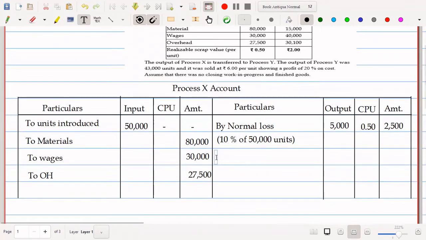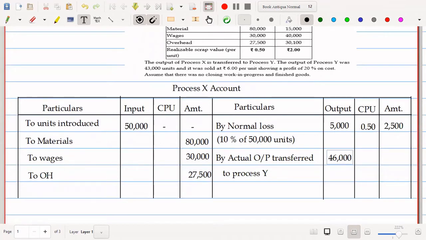By actual output transferred to process Y, 46,000 units.